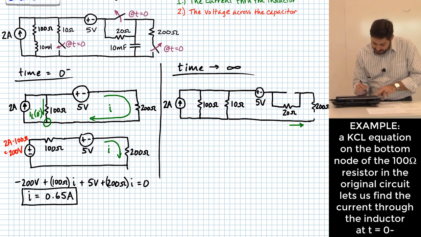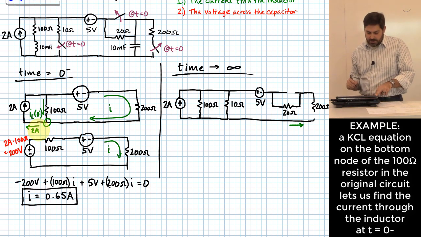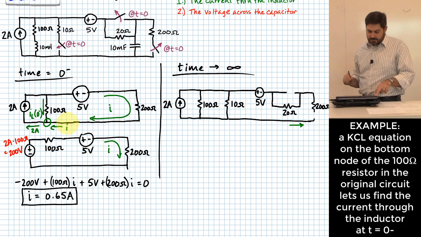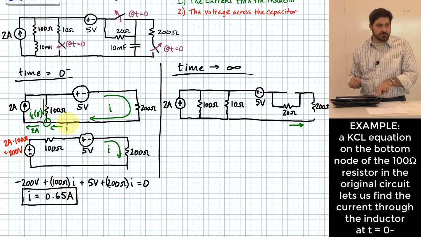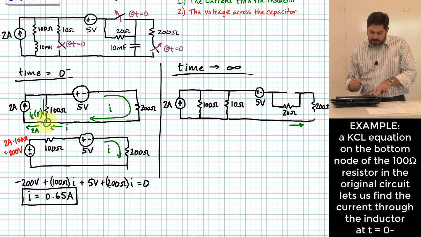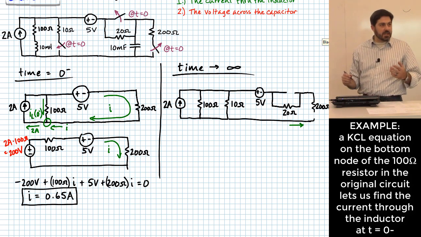Well, I think the easiest way is to notice that there's 2 amps going here. There's I coming in here, and I just figured out what I was. And then I've got I sub L coming in downward from above. So I should be able to sum this up. We'll take exiting as positive.